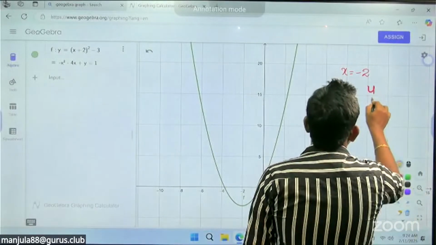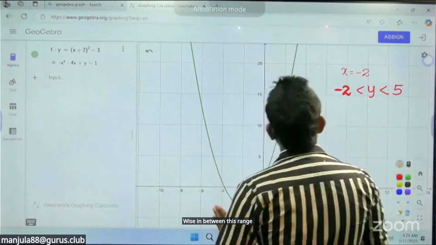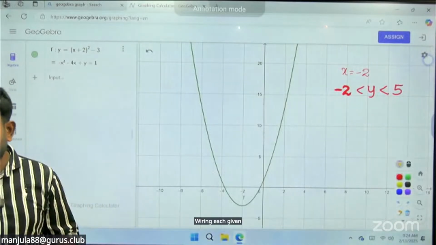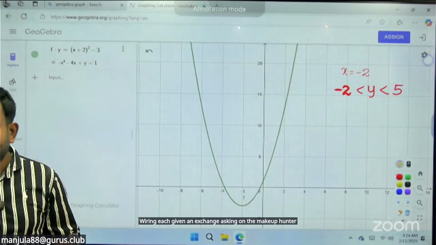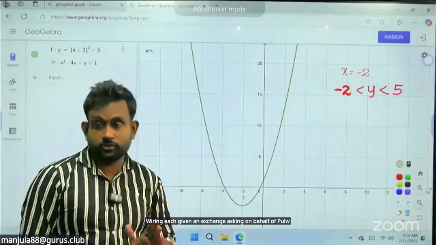Y is between this range, then they are asking the x range belonging to that. Y range given and x range asking. Look at this carefully; the way of doing it and the questions are different in each one. These can definitely come in the exam.